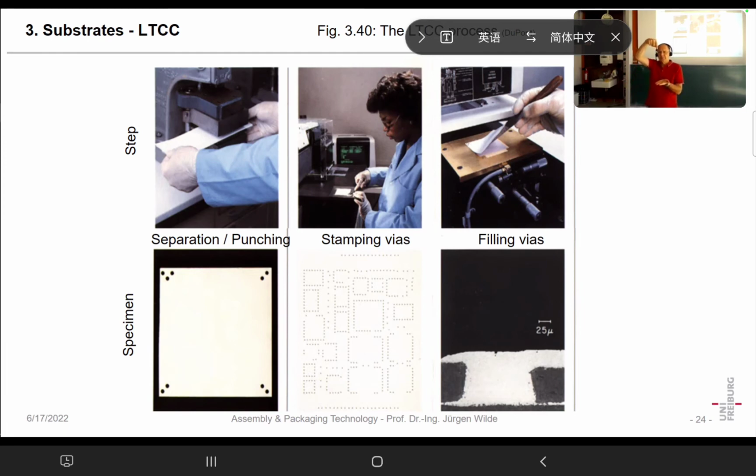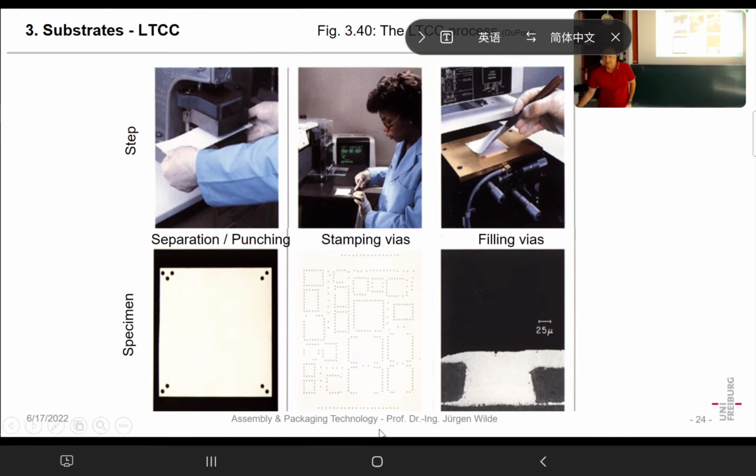There is a needle that comes down and punches holes, and the whole pattern is moved by a control system. And so all of the holes are punched. Of course, you always have a little sausage coming out on the other side, which is disposed of. And so the vias are stamped.